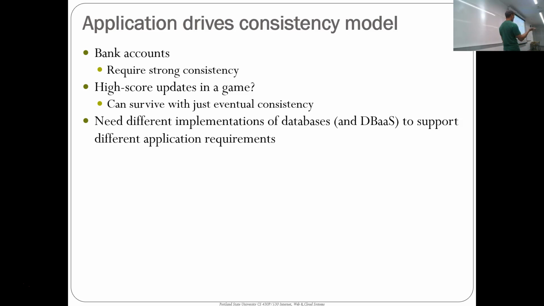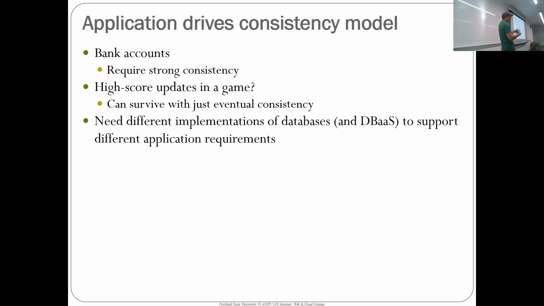And it's no surprise that the very first sets of databases were these ACID databases, because a lot of the banks were using SQL databases for all of their account information. But if you have a game and you have the high score updates, you have a top 10 leaderboard, well, you don't need strong consistency on that. You need eventual consistency, right?